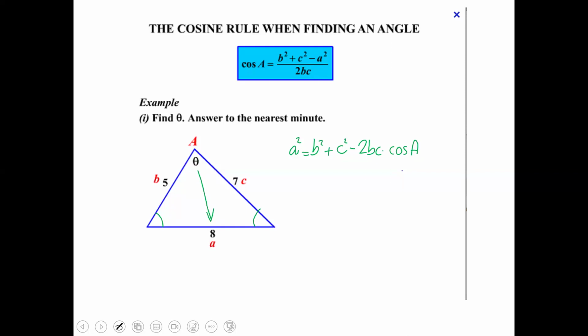So let's try this question quickly. Let me know once you get the answer.